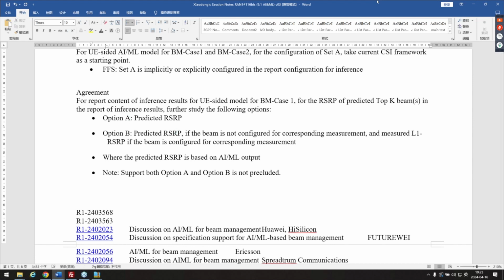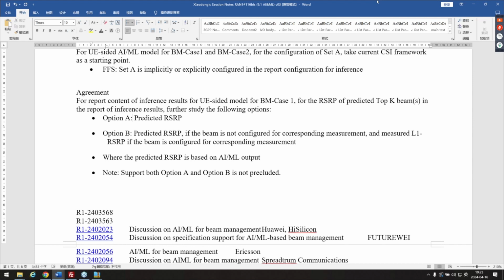Thank you, Chairman. As for option B, we would like to make a further clarification. If set C is the configured resource in the report config, but set B is for model inference, with set B, do you mean the UE has to measure the beams in set C but not in set B? That is also for measured L1-RSRP.